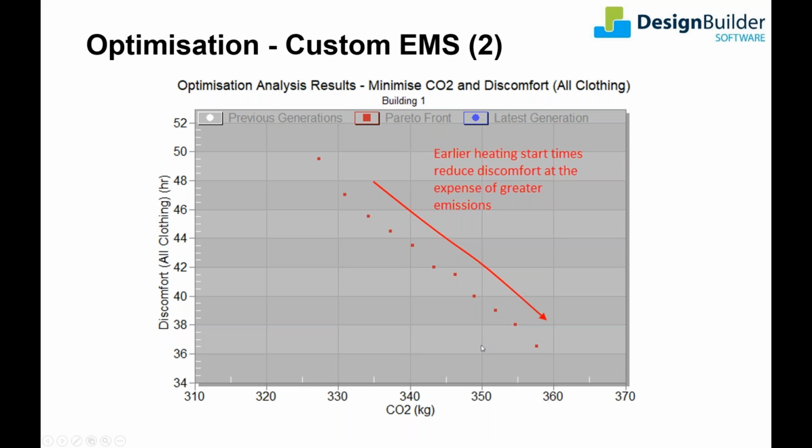An example is provided with DesignBuilder to optimize the optimum start controller settings. This technique can, of course, be extended to any EMS runtime scripts, and that allows you to find optimal settings for your own HVAC and facade system controllers. So you can not only provide your own HVAC and facade systems using EMS, but you can now also optimize them.